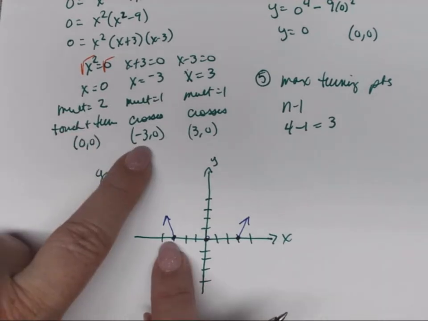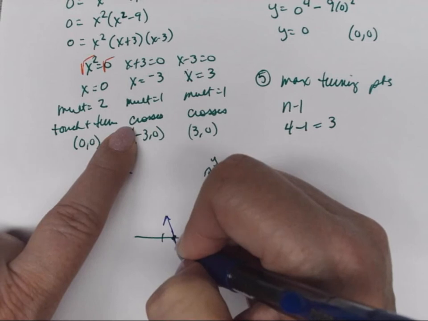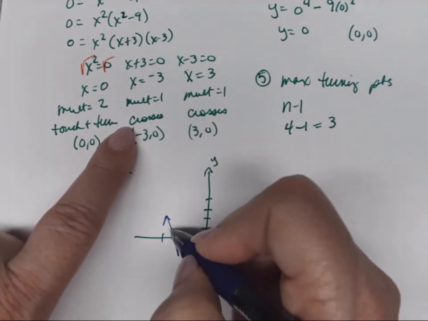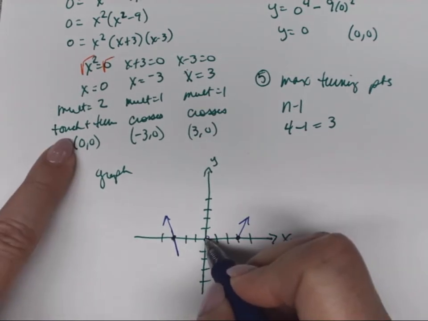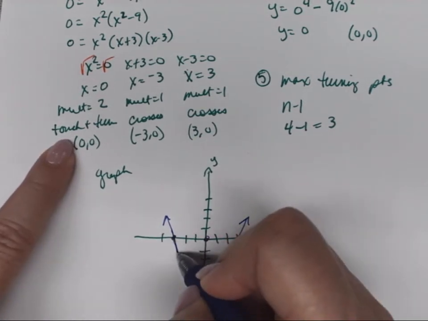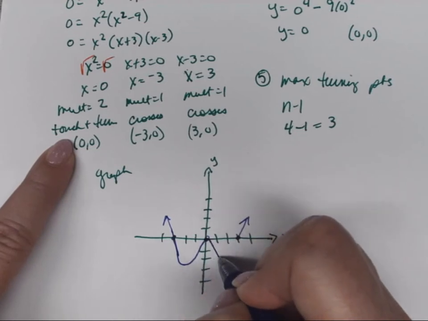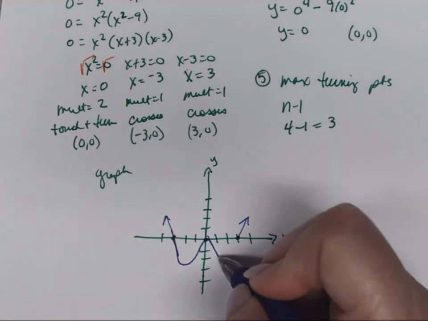So at the -3, we know it crosses. So it's going to cross through that. It's going to have to turn around because it has to go back. It just doesn't turn around at the point. At 0, 0, it's going to touch and turn. So we're going to come down through, come back up and catch that, and touch and turn. And then we know it's also going to cross at +3.